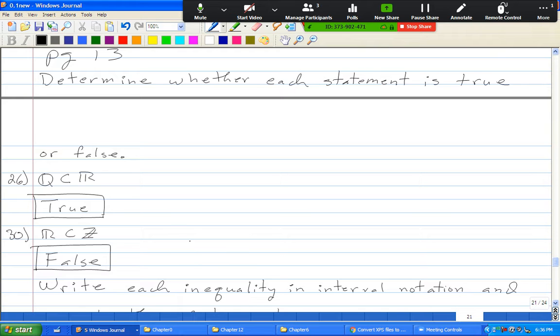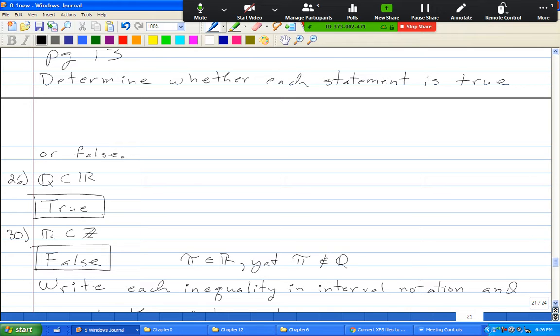So let's say pi is a real number, but it's not an integer. Say the square root of 2 is a real number, but it's not an integer.